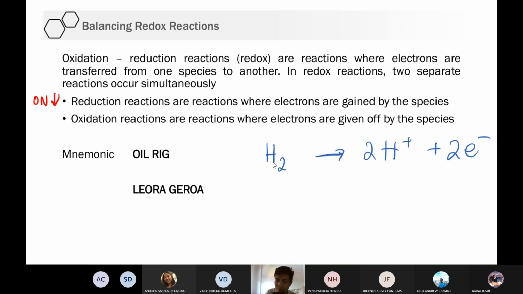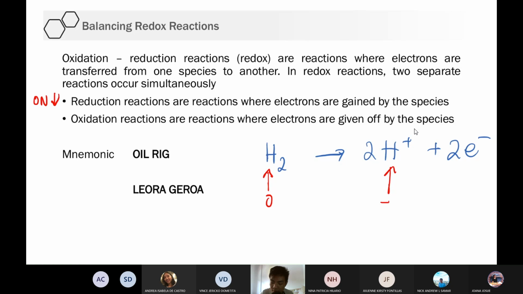So what's the oxidation number of hydrogen? This is elemental state. Okay? So when you say elemental state, isa lang yung formula, walang charge, then iisa lang yung elements. So this is 0. On the product side, ang HI may charge na. This is a monoatomic ion. Don't mind the 2 kasi yan ay coefficient na. So H plus.